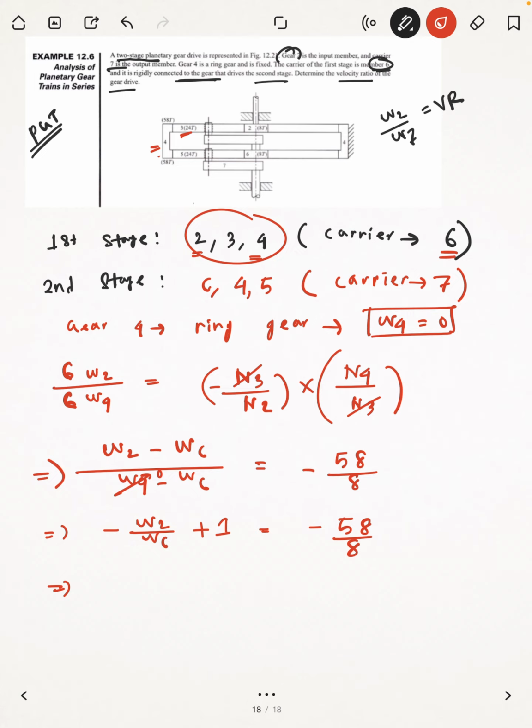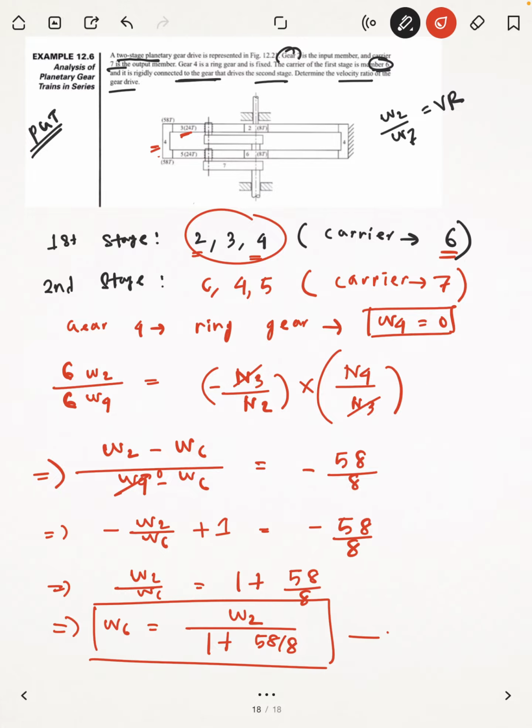So omega 2 by omega 6 is basically 1 plus 58 by 8. And then omega 6 is basically omega 2 divided by 1 plus 58 by 8. This is one of the equations.